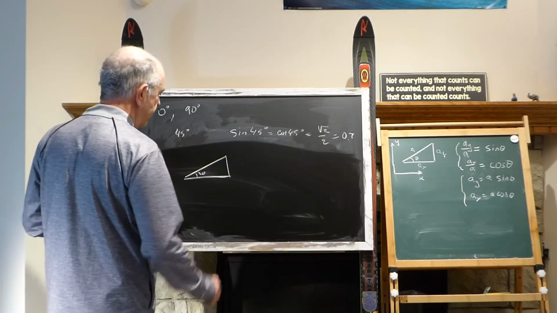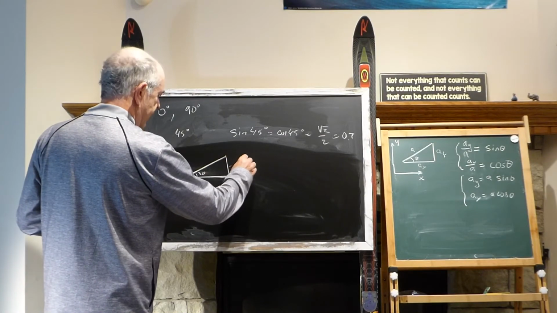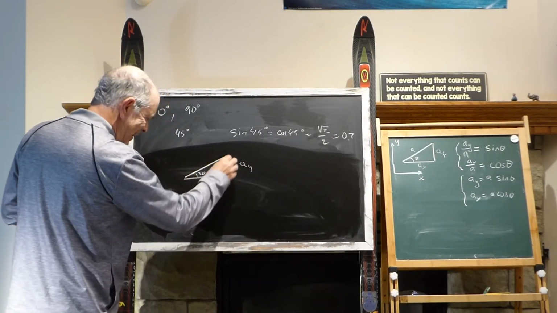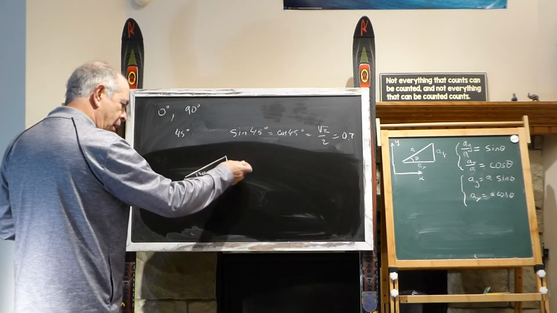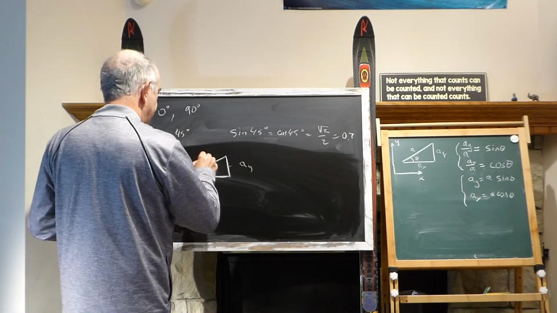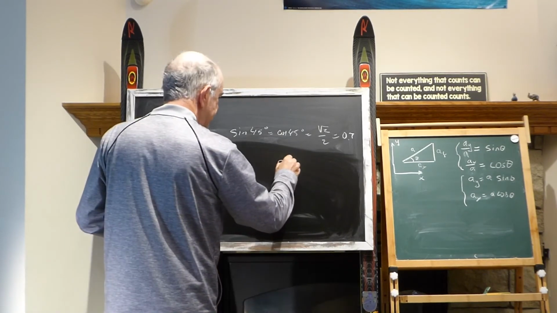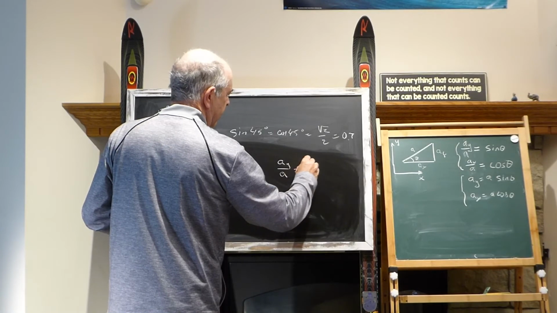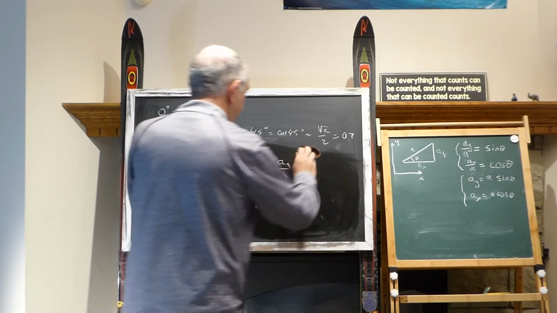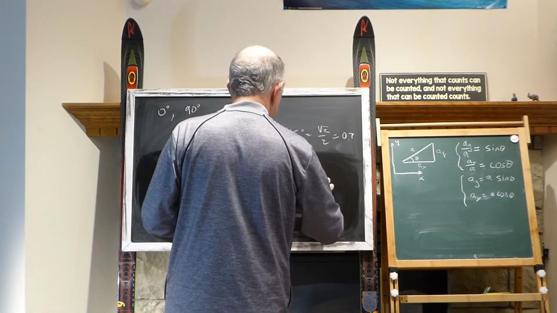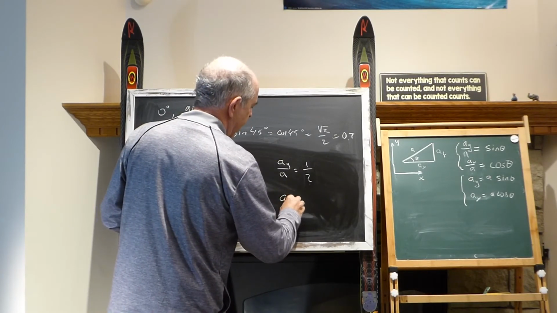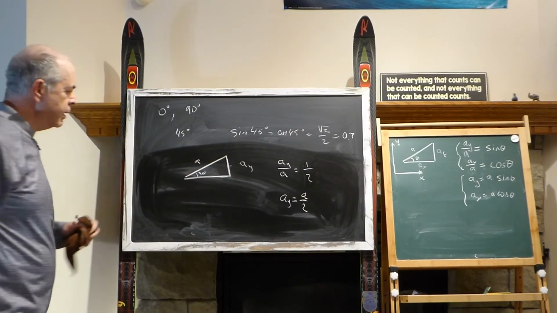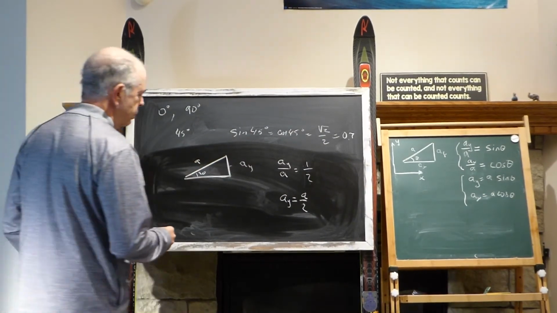And what's remarkable is that this thing, AY, the side opposite to 30 degrees, and this is A, and this AY, like this, sorry, 1/2. Or as they say, AY equals A over 2. So this side opposite 30 degrees is 1/2 of hypotenuse.